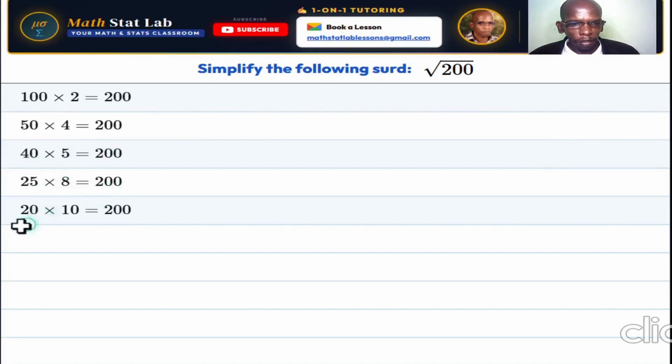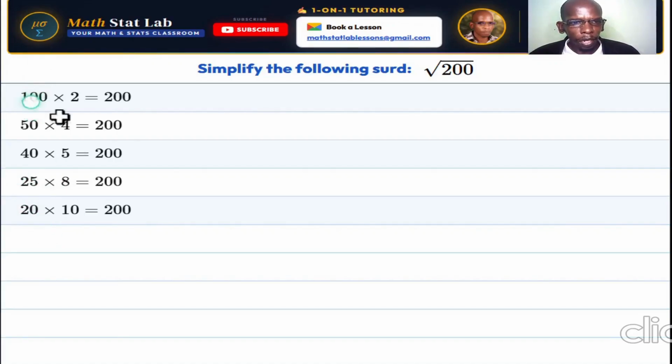25 by 8 is still 200, then 20 by 10 is 200, 14 by 5 is still 200. And then, after you get the factors, you need to identify the one which has the highest value with an exact square root. For example, in this case, 25 has an exact square root because the square root of 25 is 5.